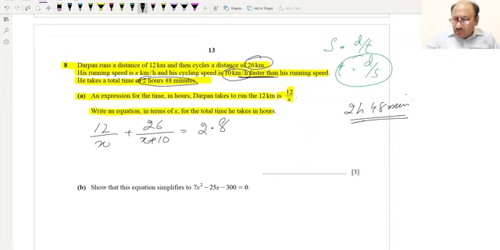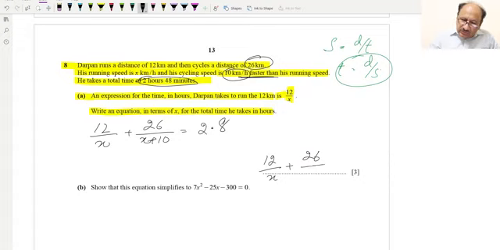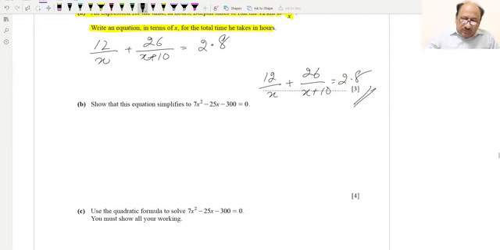Basically you can also convert by dividing by 60 and you will get the same answer, but I have given you the easiest possible route, which you are allowed to use. So 2.8, and this will be your answer: 12 over x plus 26 over x plus 10 is equal to 2.8. This is a 3 marks question which we are done.